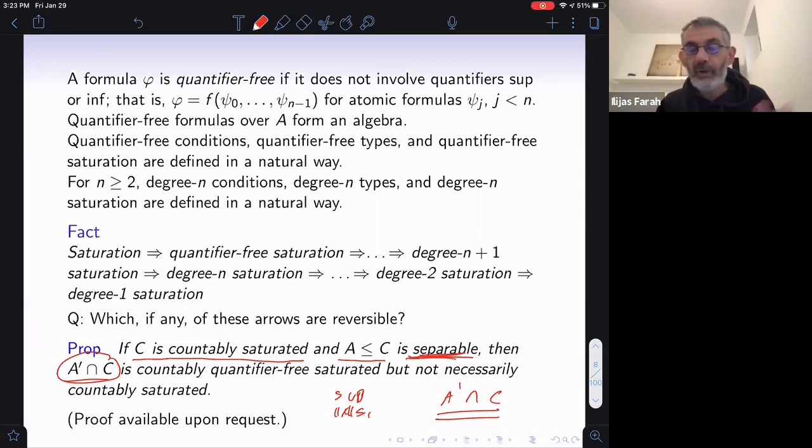There is a concrete notion, maybe unfortunately named, of definable set, which are sets over which one can quantify. These are just not of that sort. And there is actually an example that you can find, a concrete C and a concrete separable subalgebra A, so that this relative commutant is quantifier-free saturated, but not fully saturated. Yeah, and if anybody wants to hear the proof, I'll be happy to talk about it.